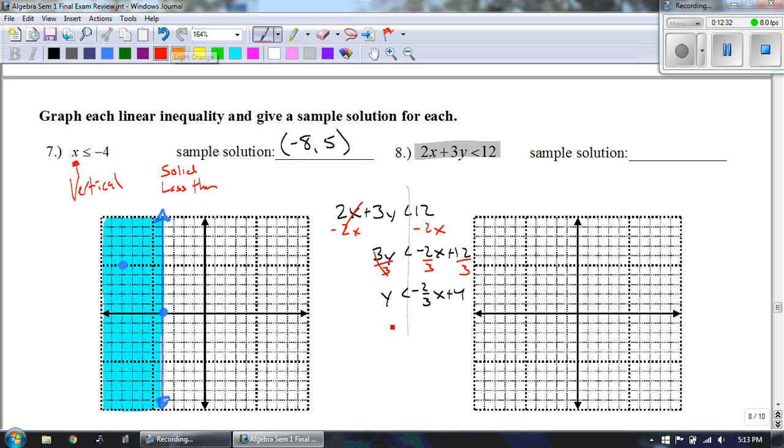So looking at my inequality, it's going to be open. It's going to be below because it's less than. And then my slope is -2/3, which means down 2 to the right 3. And I'm starting at 0, 4.